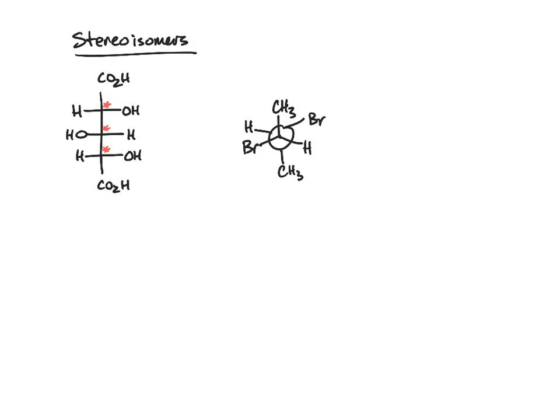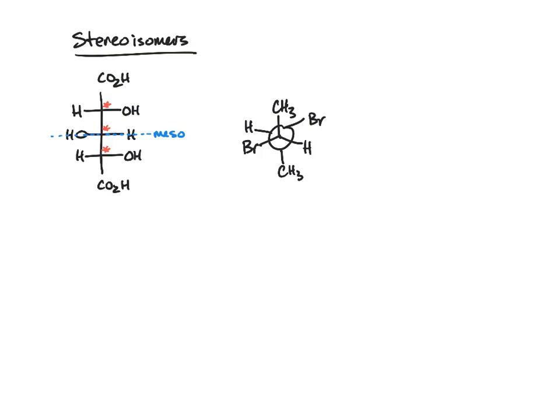So it's sort of different from the meso one we saw in class today. The internal plane in this compound bisects here. When we saw it in class today, it actually bisected between the carbon-carbon bond.